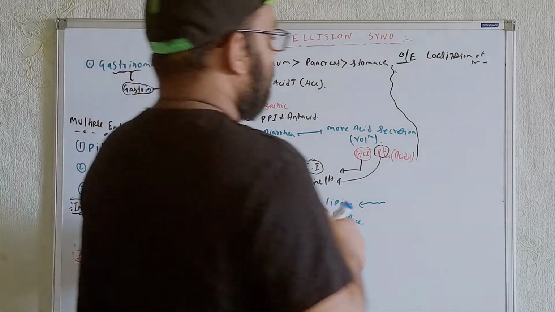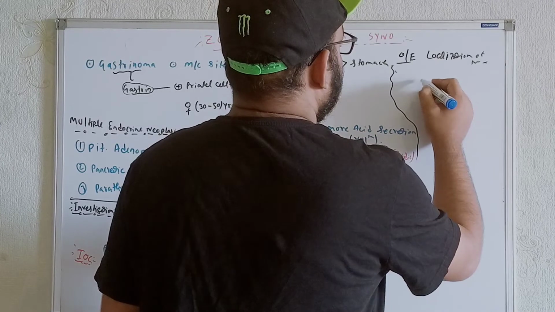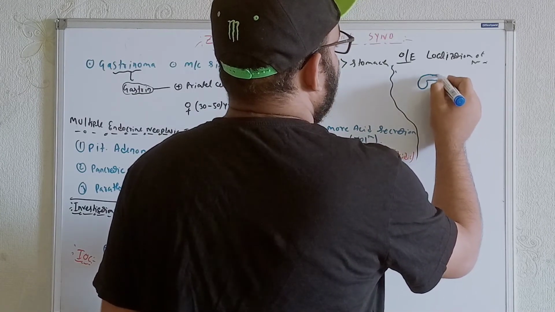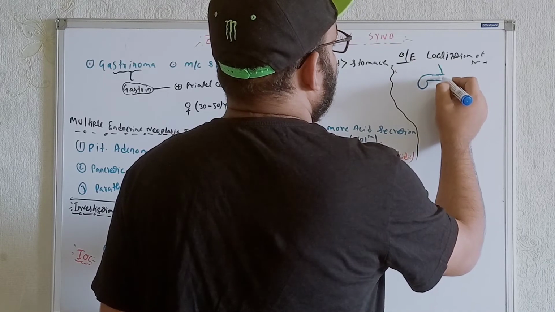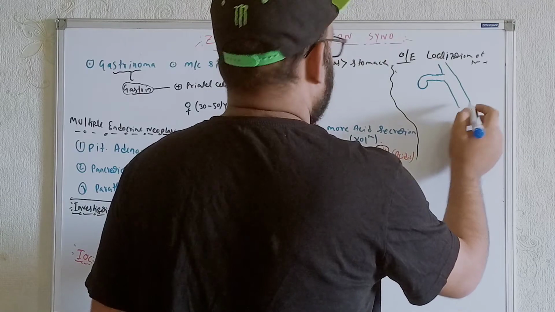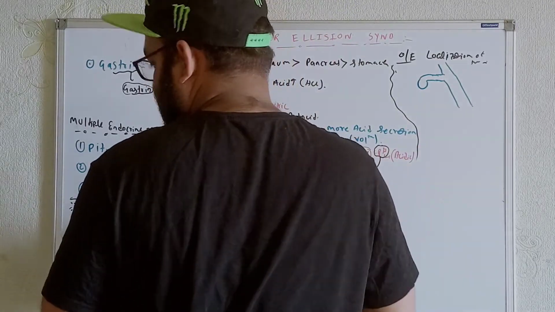For example, this is the gallbladder, and the cystic duct. From here we get the hepatic duct that will come from here, so the common hepatic duct is what we are getting over here.